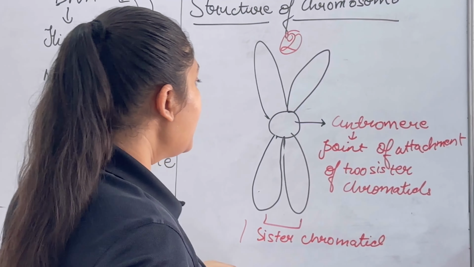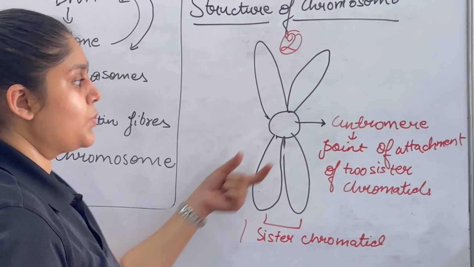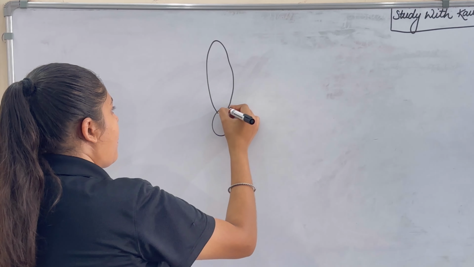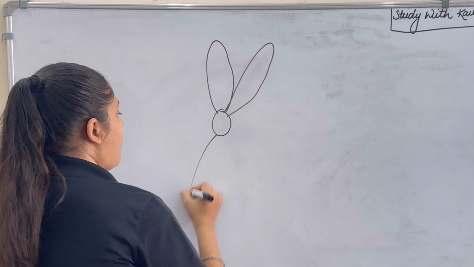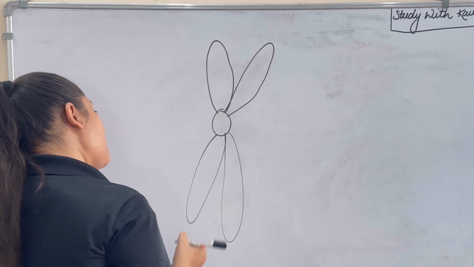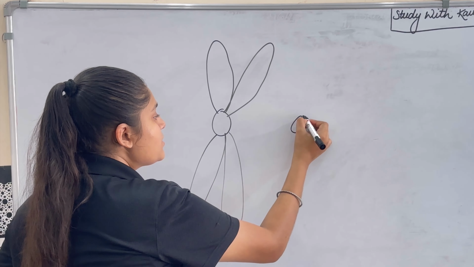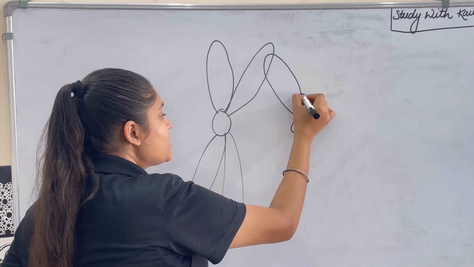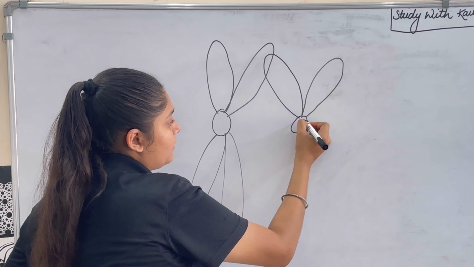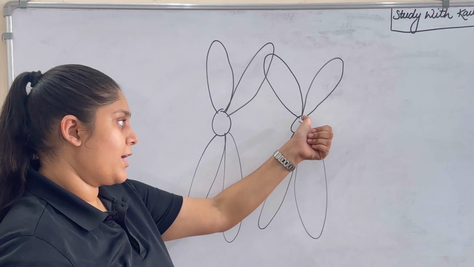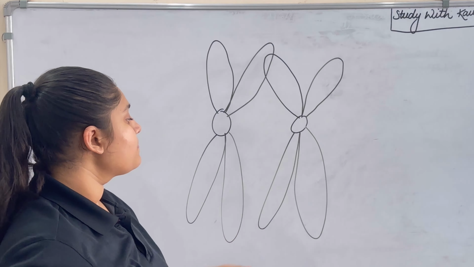Now let's do a difference between centromere and chiasma. So this is one chromosome. If I make one more chromosome and do this, you will study this in later chapters, actually I have told you just now.